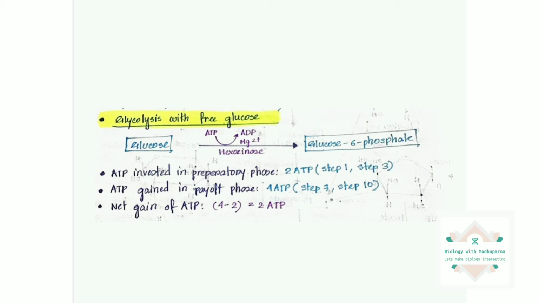In the payoff phase, in step number 7 and step number 10, we are gaining 2 ATP in both the steps. So overall it is 4 ATP. Now the net gain of ATP. We have already invested 2 ATP, and now we gained back 4 ATP. So 4 minus 2 is equal to 2 ATP. So in this phosphorylase method of glycolysis, we are gaining 2 ATP as our net gain.